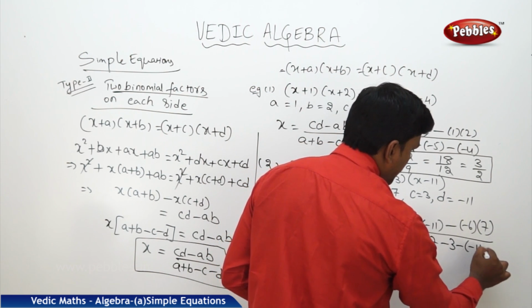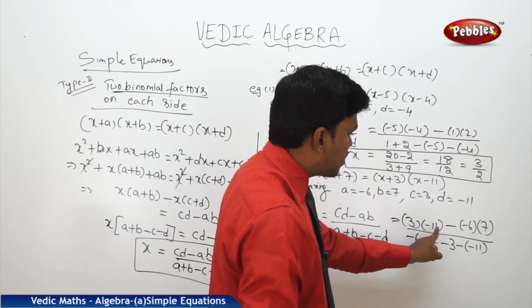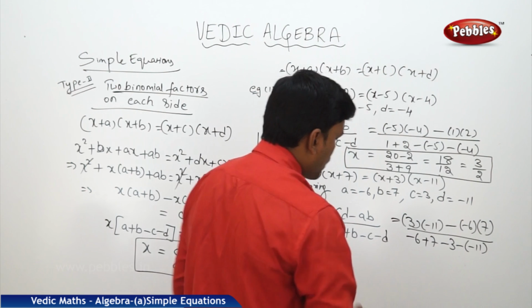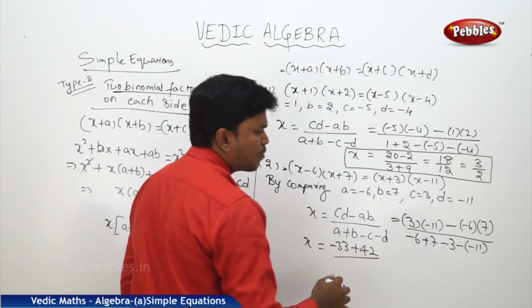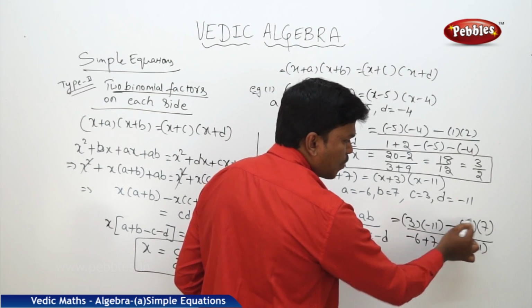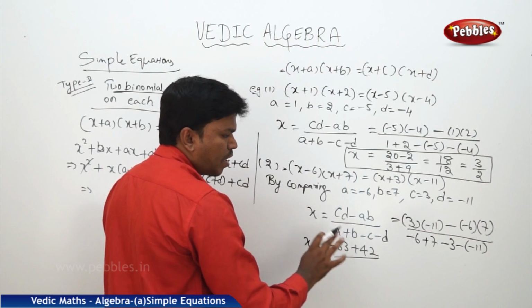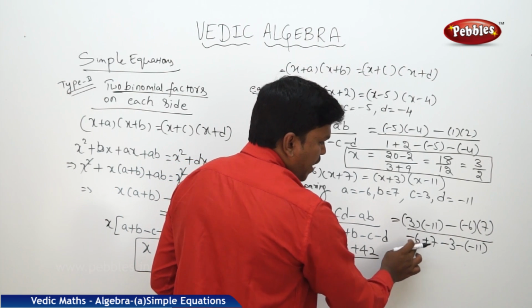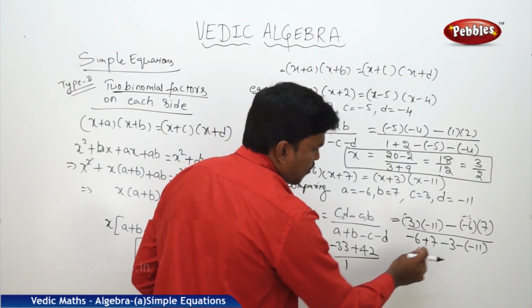Minus D means minus of minus 11. So by solving this one, how much will you get? Minus 33 plus 42. Here if you observe, minus into minus is plus only, so 6 7s are 42, it becomes plus 42. Now how much is it? Minus 6 plus 7 is 1. Minus 3. Minus of minus is plus.